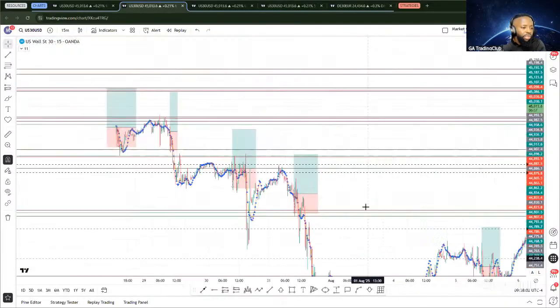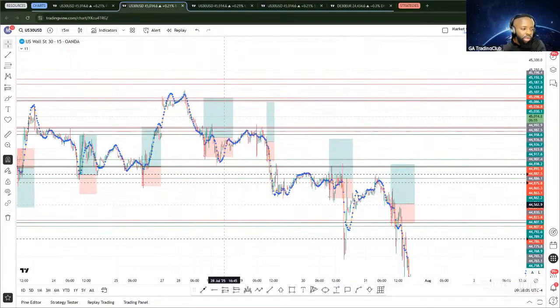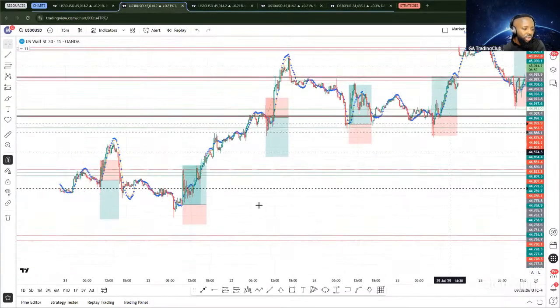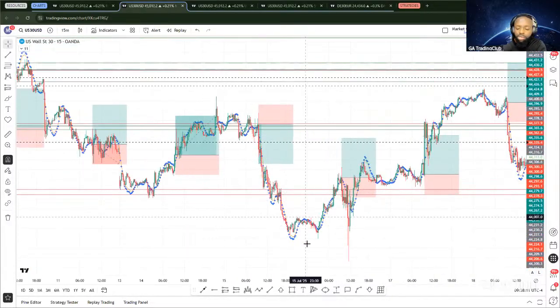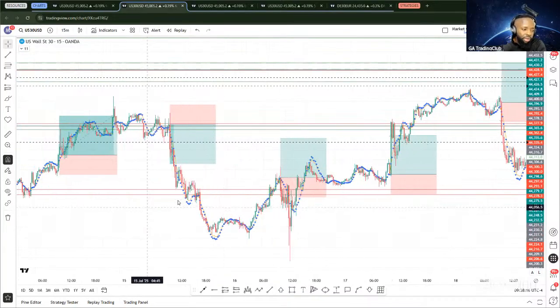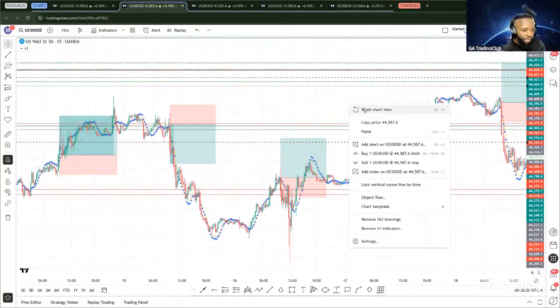For these market open entries, you're only looking to take one trade a day. If we go all the way back to January, you'll see that I did some testing on it, and the statistics for it are pretty decent.